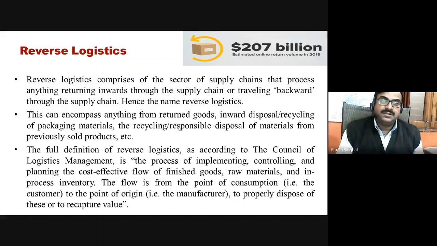This is one of the important industries nowadays, because without reverse logistics, online shopping companies like Amazon and Flipkart will not work.